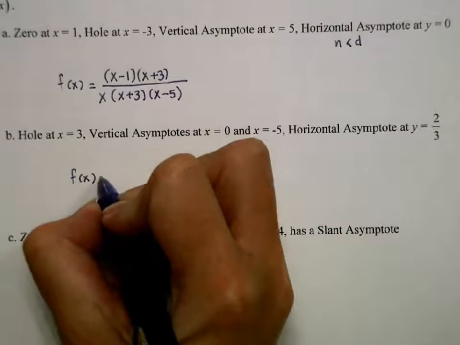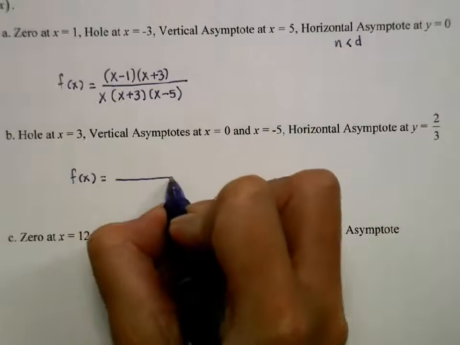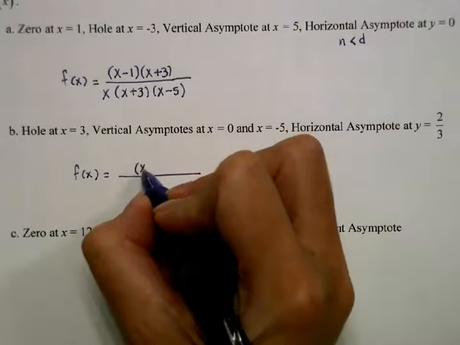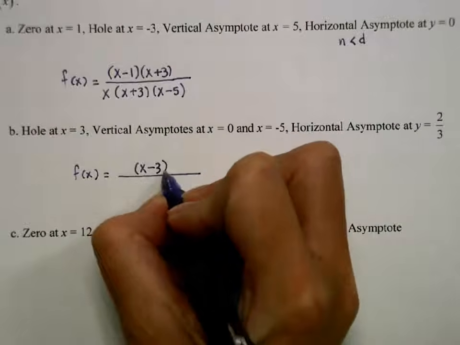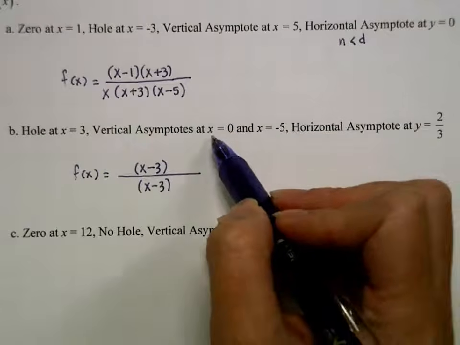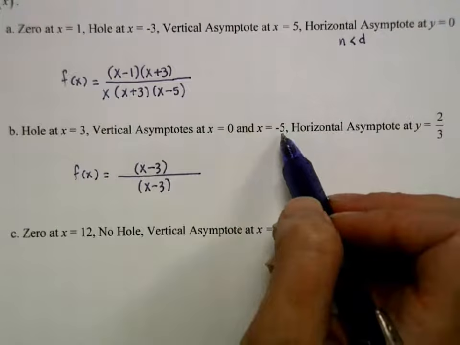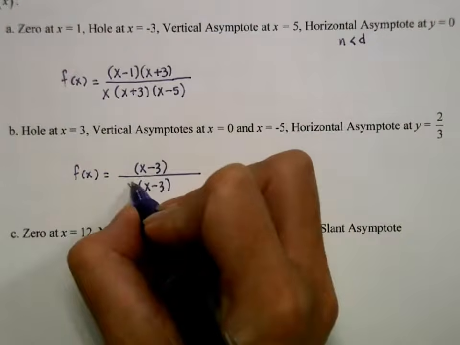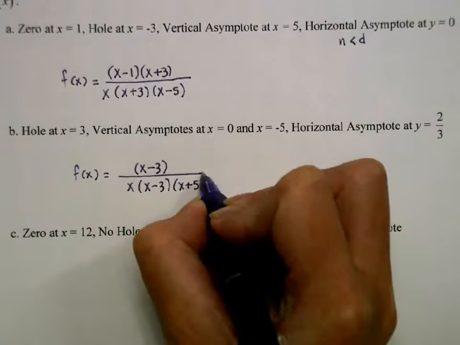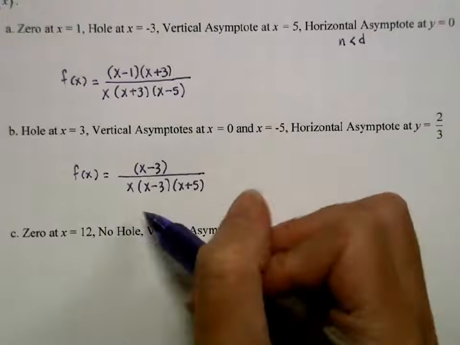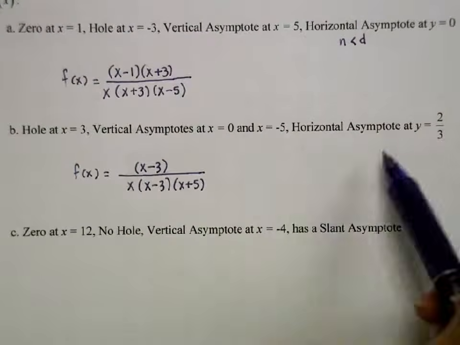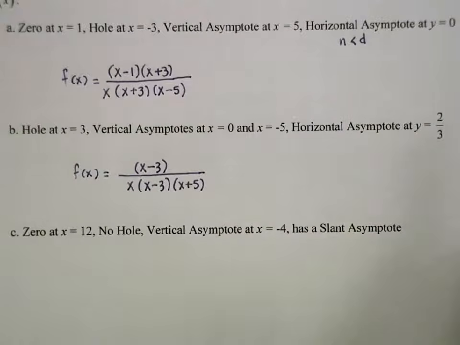Okay, so I have a hole at 3. Vertical asymptotes at x equals 0 and x equals -5, which means x is a factor and x plus 5 is a factor. And you can put them in different orders. It just feels awkward to put the x after. It doesn't matter though. And finally, a horizontal asymptote of y equals 2/3. So there's two things that we need to address here.